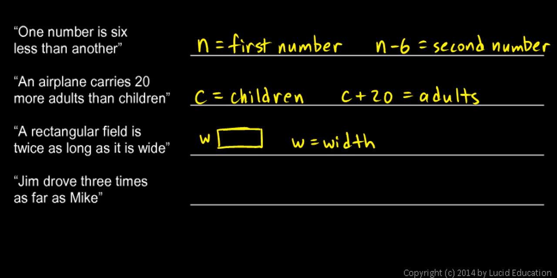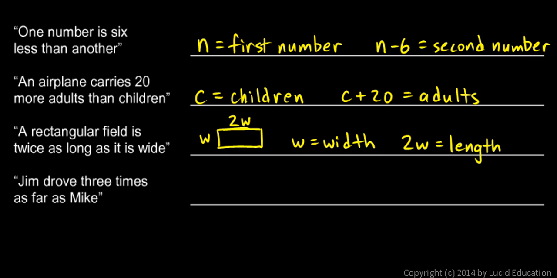And we could use L for length, but remember it's always easier if you can use fewer variables. So we know it's twice as long, so for the length over here, I'm going to write 2W. And that way this information, that it's twice as long, shows up mathematically in the problem. So W is the width and 2W is the length.